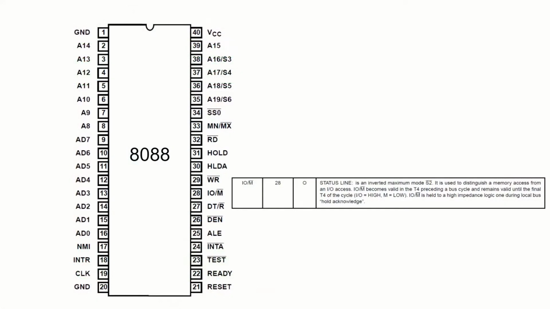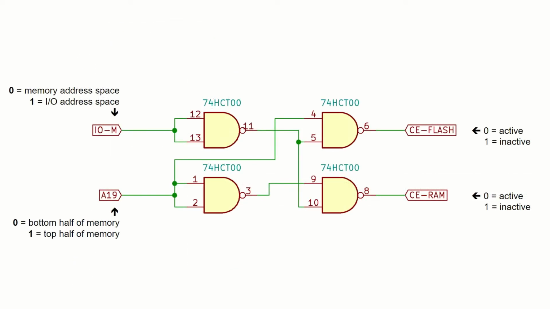The LCD is going to be our first device talking to the CPU using the I/O address space. It means that we will use the high level on the IOM output to tell that the processor wants to talk to it. But it won't be the only device in the future, so we need to be able to address more than this one, similarly to the ROM and RAM chips which we tell apart using the A19 address line.